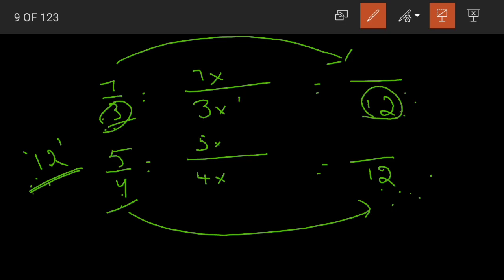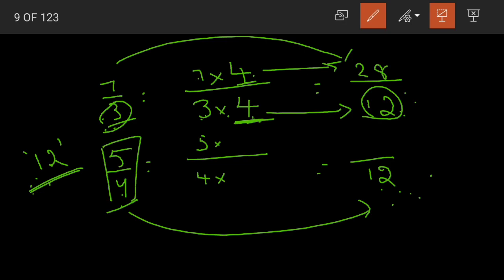How will we get that? 3 4s are 12. So we cannot just simply multiply the denominator. We need to multiply the numerator as well with the same number. 7 into 4, 3 into 4. 3 into 4 is equal to 12. 7 4s are 28.